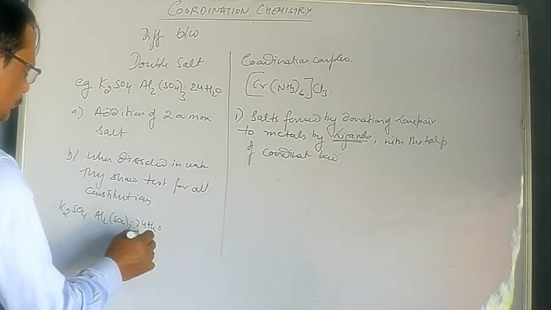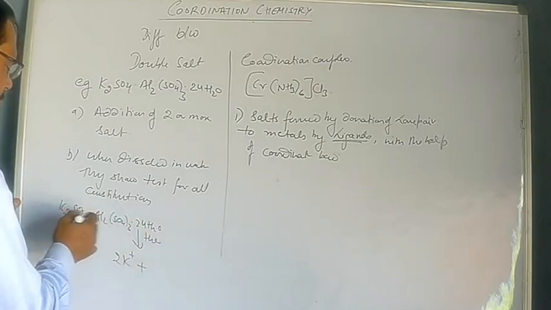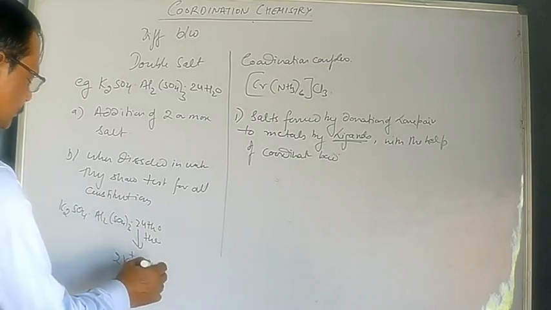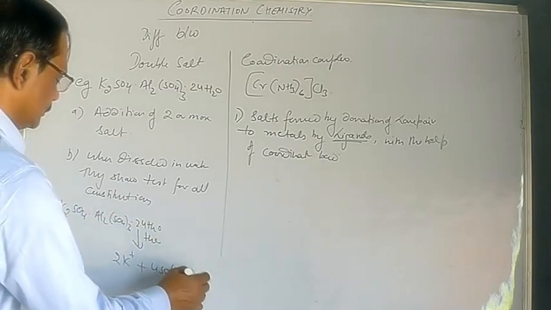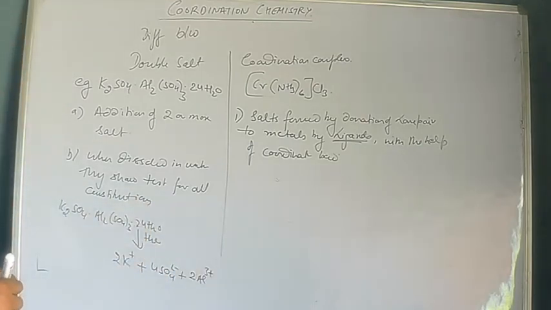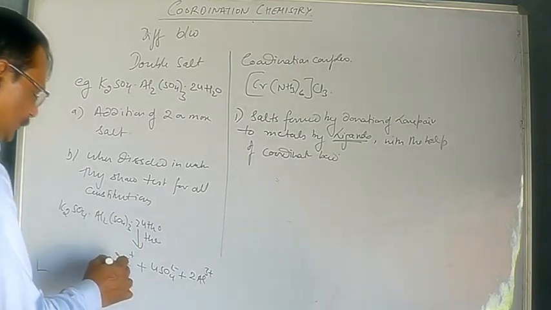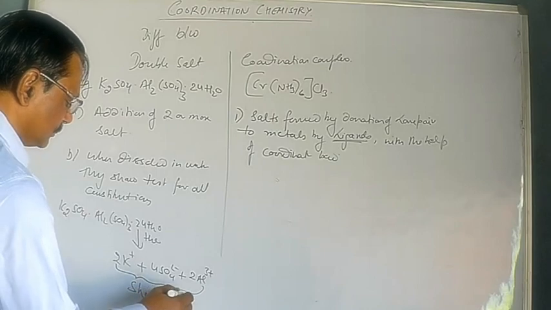When you dissolve it in water, it gives you 2K+ ions plus sulfate ions, 4 sulfate ions in total, plus 2 aluminum ions, and of course water is already there. So class, whenever we dissolve a double salt, we will get potassium ion, sulfate ion, and aluminum ion in the solution, and they will definitely show their tests.